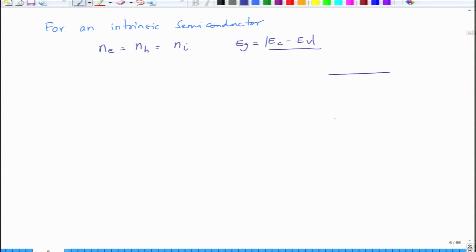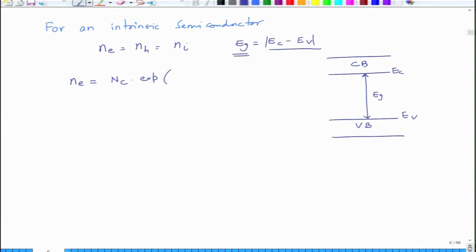So if this is your conduction band edge, this is your valence band edge, this is valence band, this is conduction band, this is Ec, this is Ev, then whatever reference you take, the Eg is the difference between Ec and Ev. So this is your band gap, and this is given as this Ne is equal to Nh. For intrinsic semiconductor, this Ne is given as Nc into exponential of.